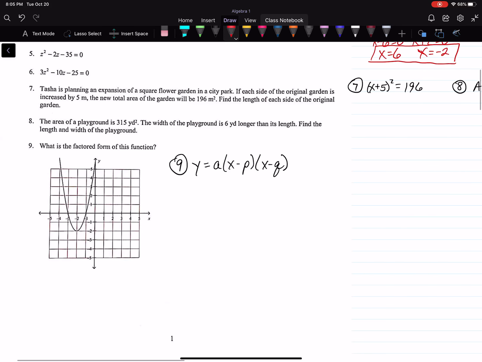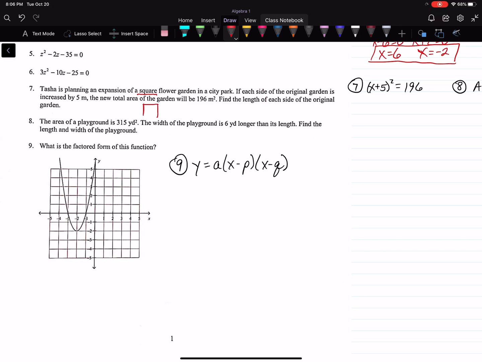Number 7. Tasha is planning an expansion of a square, that's an important word, a square flower garden in the city park. If each side of the original garden is increased by 5 meters, the new total area of the garden will be 196 square meters. Find the length of each side of the original garden. So the original garden, I'll just kind of draw it right here.